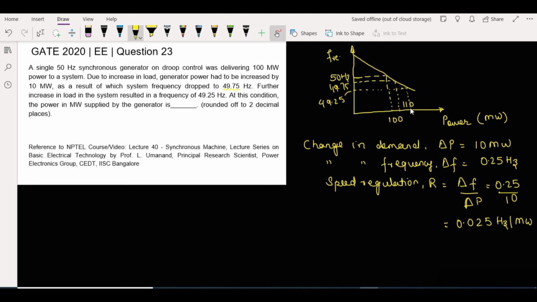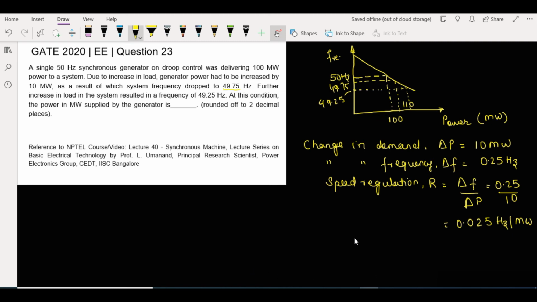So let the corresponding power be this. Okay, so the power supplied by the generator at 49.75 is 110 megawatts, right? 100 plus 10.